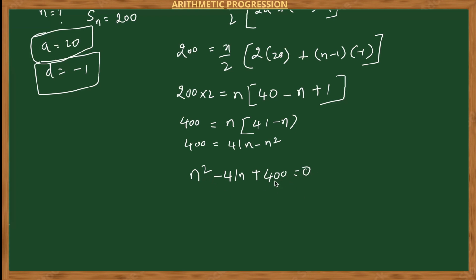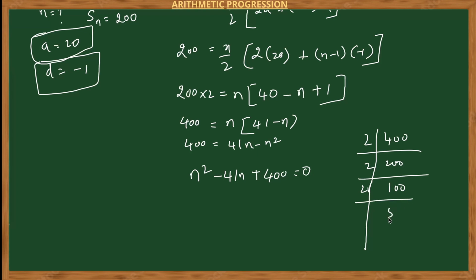We need to find the factorization here. When we multiply, it should be 400, and when we add, it should be 41. So let's go ahead with this: 400, 200, 50, 25, 5.